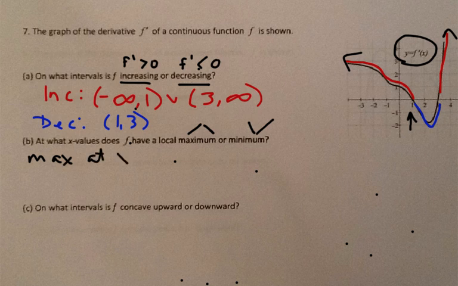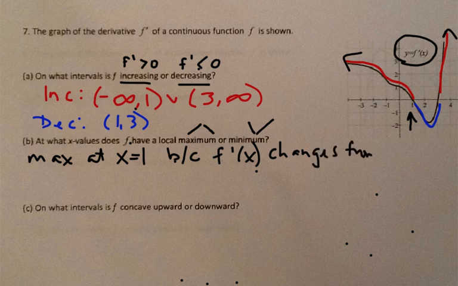So I have a maximum at x equals 1. And I'm going to go ahead and justify this even though it doesn't say to, because I might ask you to on your test. Because f prime of x changes from positive to negative. And this is coming off of your note cards for maximums and minimums. You can always refer back to that if you need help.